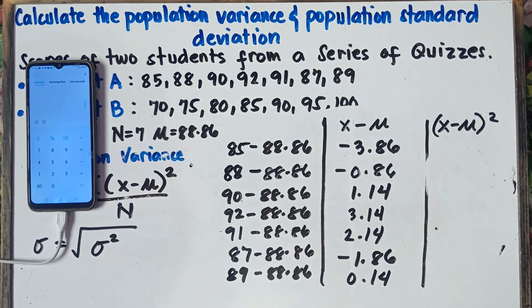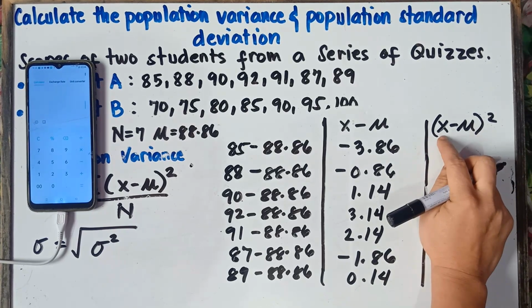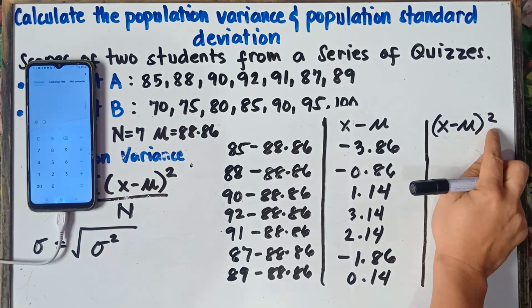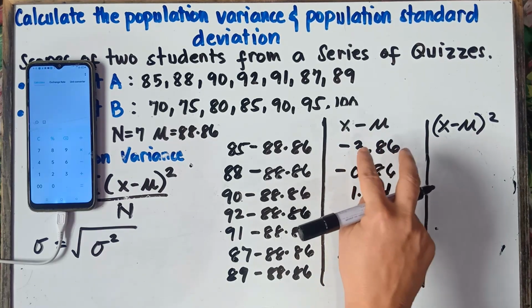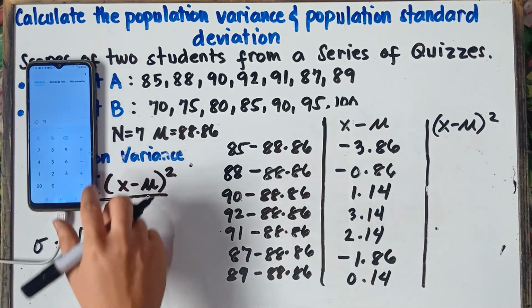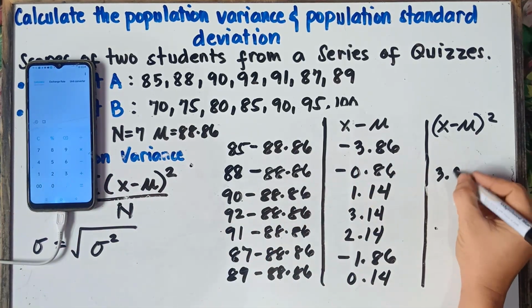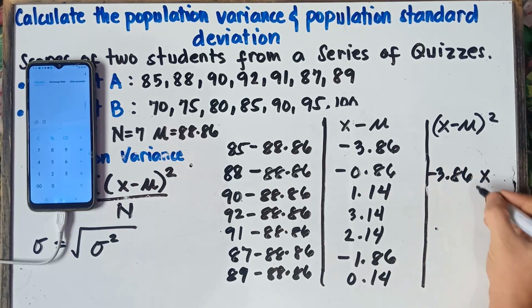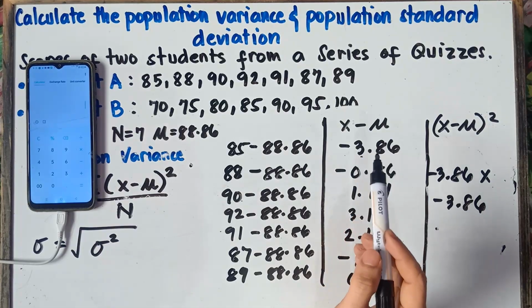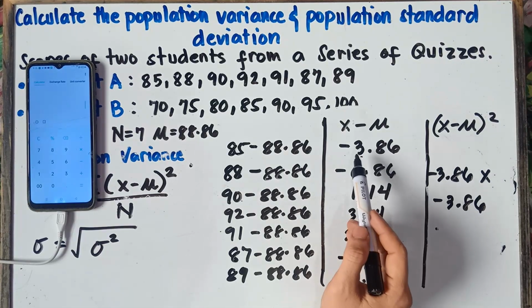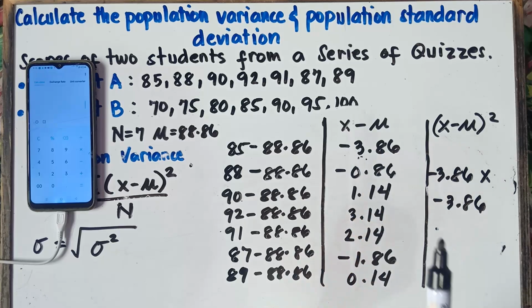So therefore, we have the sample minus the population mean and then square. We multiply this number by itself twice. That would be negative 3.86 times negative 3.86.